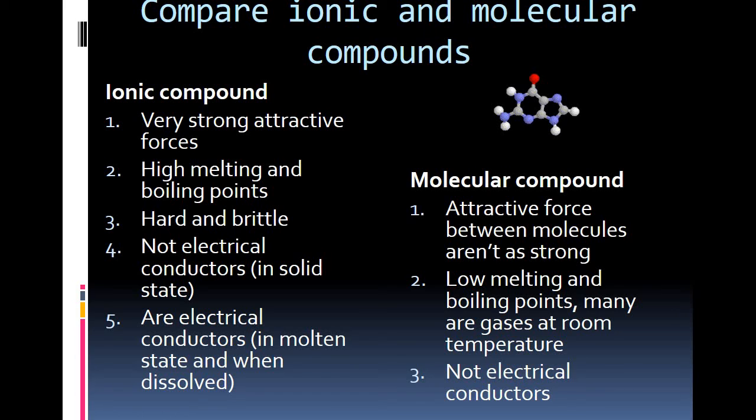Since there is no movement of ions in the solid form, they are not conductors of electricity. But when they are molten or dissolved, ions will move, allowing it to conduct electricity. Molecular compounds, on the other hand, have weaker attractive forces. They're not as strong. They have low melting points and boiling points because of this. Also, they are not electrical conductors because there are no ions present.